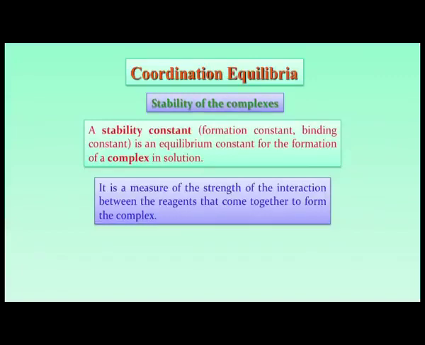In all these cases, this is a very important measure of the strength of interaction between the reagents that come together to form the complex, because we are talking about the complexation reaction and the interaction in it. Initially, if we have the metal ion and we simply dissolve it in water, then water is interacting with the metal ion.